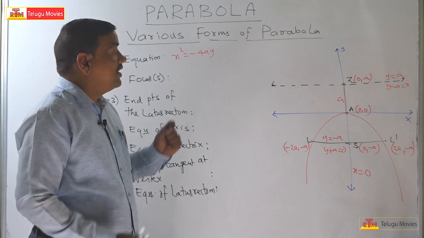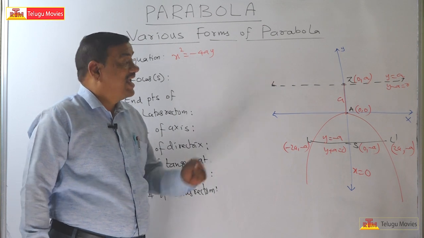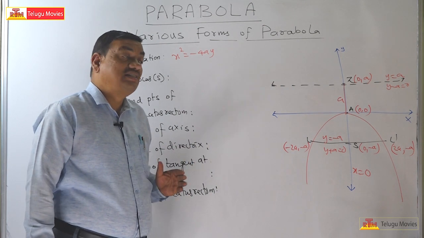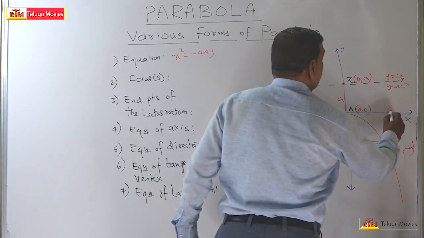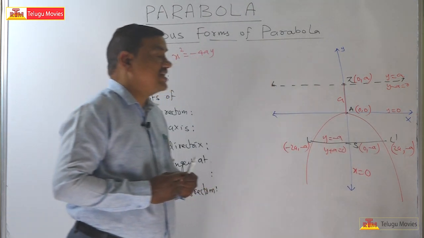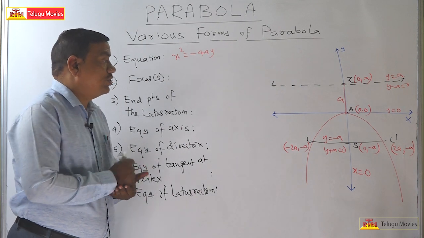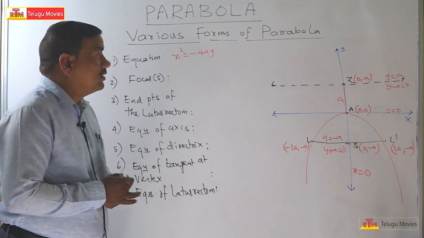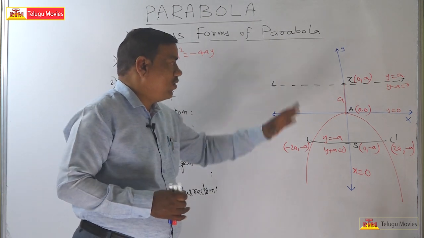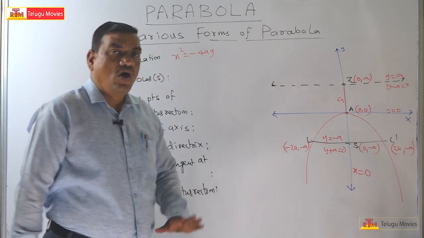Next one, the equation of the tangent at the vertex A, that is nothing but the x-axis. The equation of the x-axis is y = 0. Okay. So these are all the coordinates and the equations of all the lines we have.